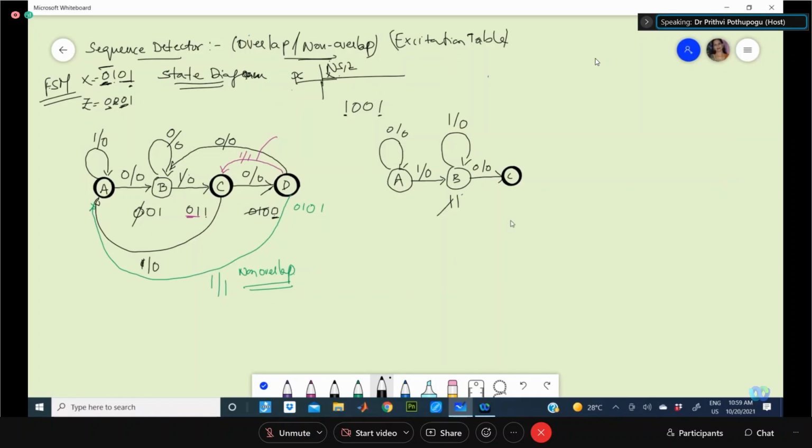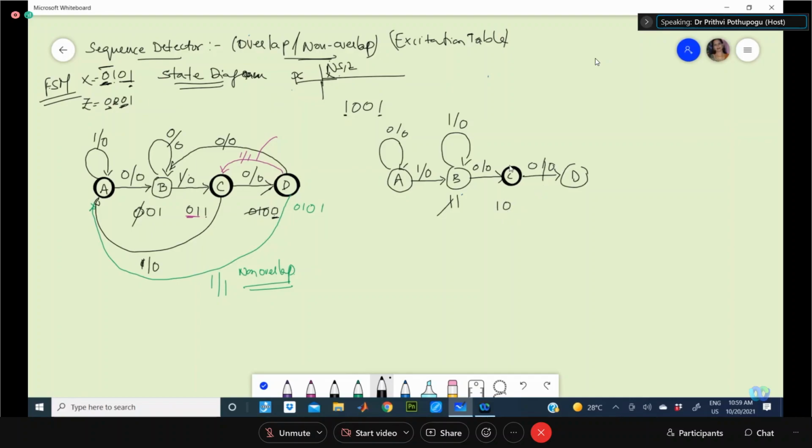When reaching state C, it means we already identified 1, 0. The next bit should be 0. If 0 is received, it goes to state D, generating an output 0.